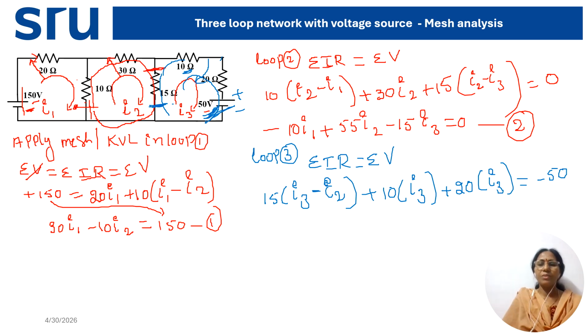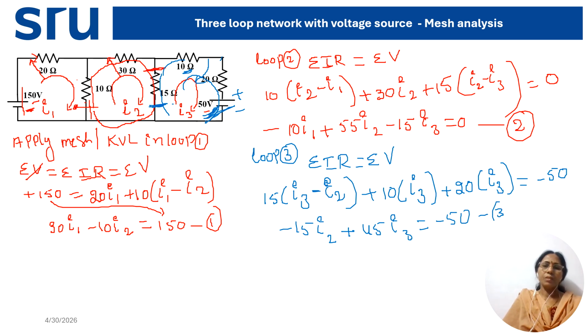Now rewrite this equation. First write I1 coefficient, I2 coefficient, then I3. So I1, I2, I3. Do you have any? There is no I1, but I2 is there, minus 15 I2. The next I3, this is 25 and 45 means it is plus 45 I3 equals to minus 50.